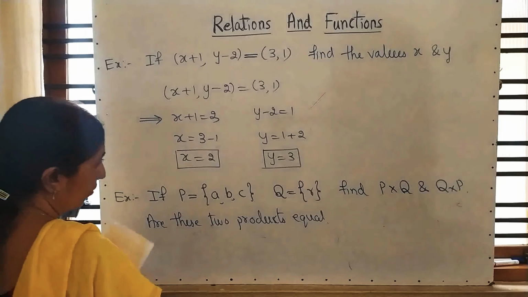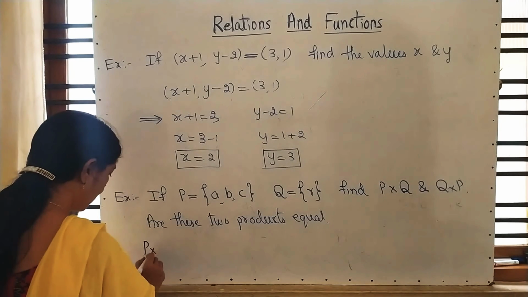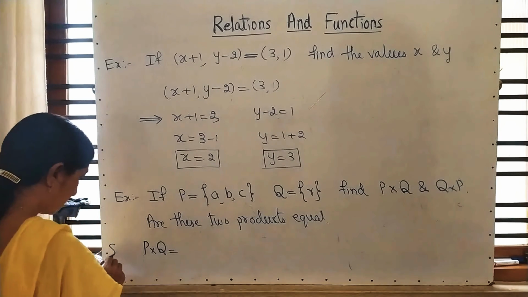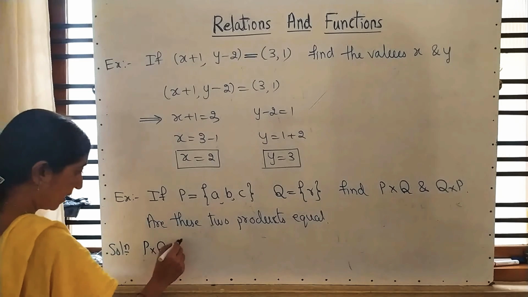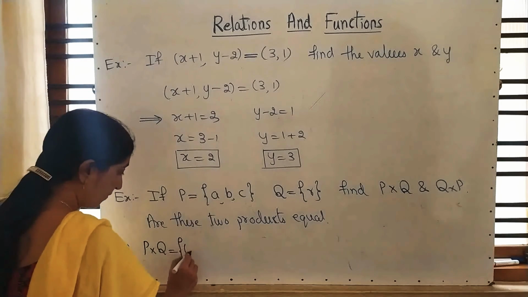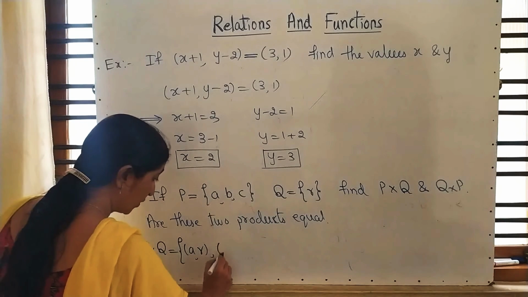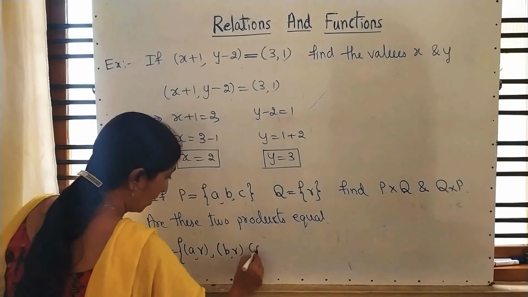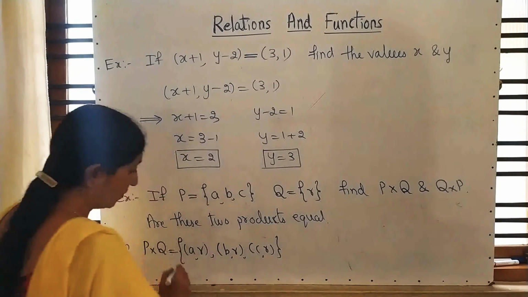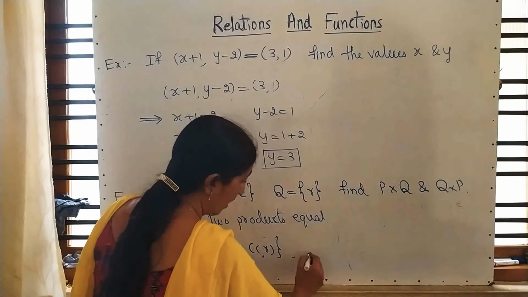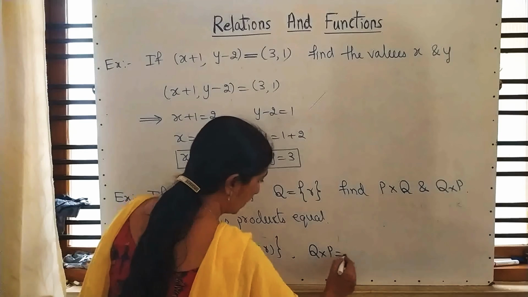See, first we are already familiar, only by result we have to write. P cross Q, the Cartesian product, starts with (a, r), and there is only one element in Q, that's why (b, r) and (c, r). This is P cross Q. And what is Q cross P?